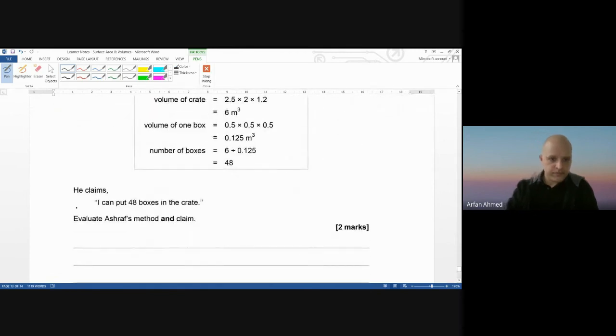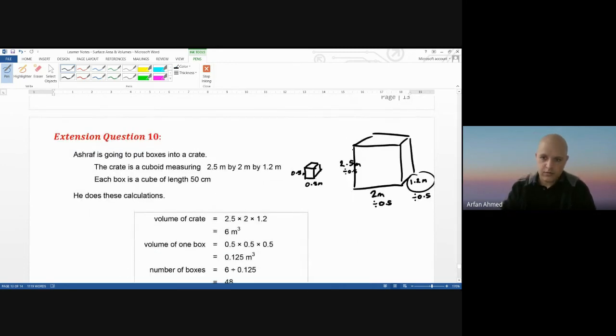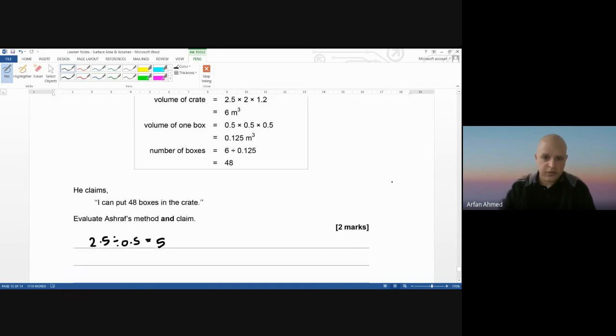2.5 divided by 0.5 is 5, so you've got 5 boxes going this way. Going this way, it's 2 meters divided by 0.5, which is equal to 4, so you can have 4 going this way.